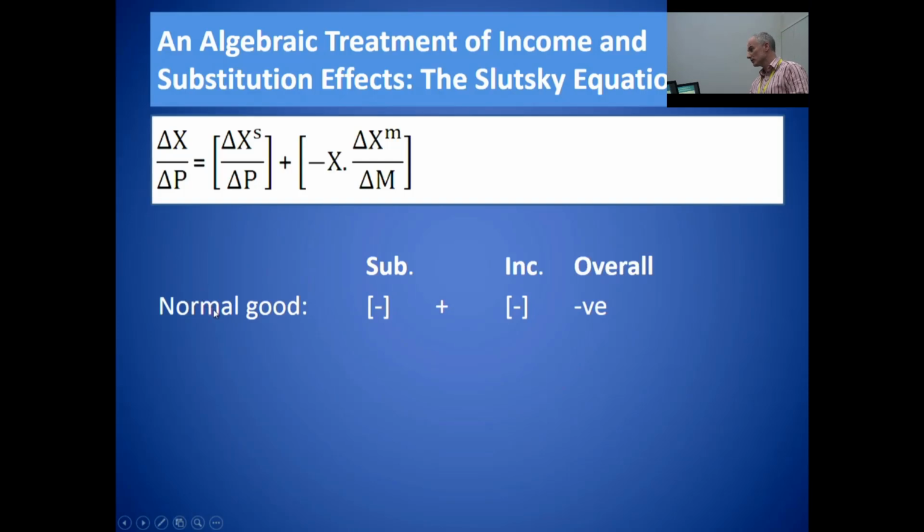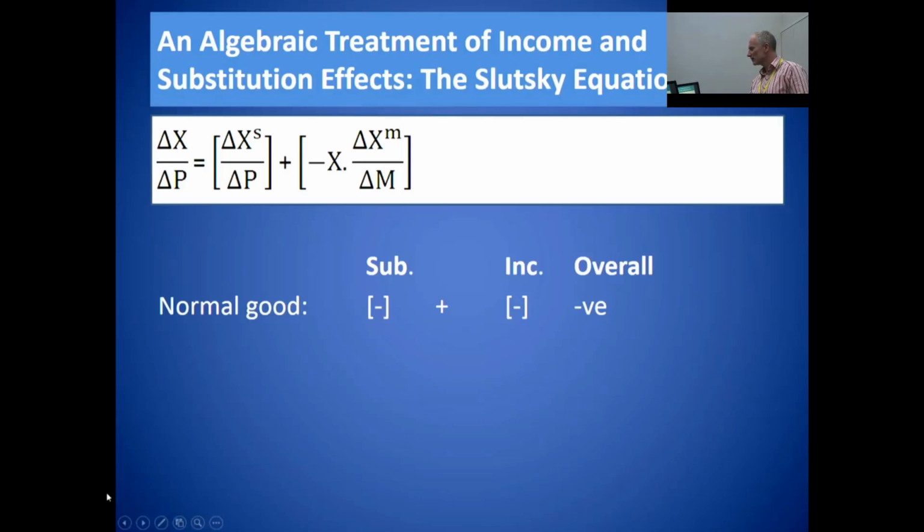For a normal good, the income effect is also negative. Now, this might seem a bit strange. Didn't I just say, for a normal good, income increases, consumption increases? Well, if income falls, consumption falls. So there's a positive relationship between the two.